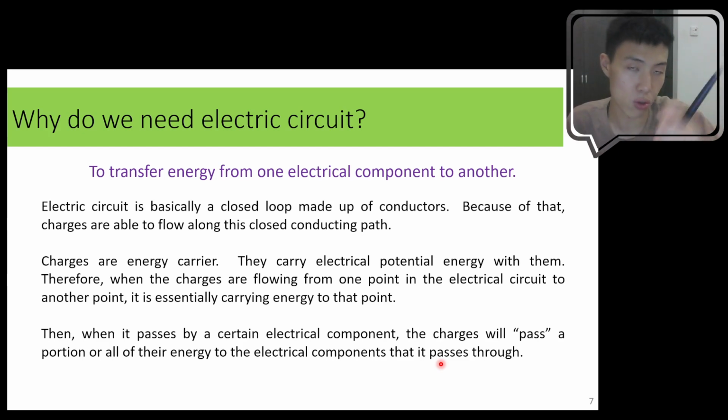Therefore the charge will lose energy, and the resistor will gain some energy when the charge passes through the electrical component, let's say a resistor. So the charge is moving around carrying energy. When you pass through a resistor or some kind of load, you pass the energy to the component. So the component will gain energy, then use it to do some useful work usually.